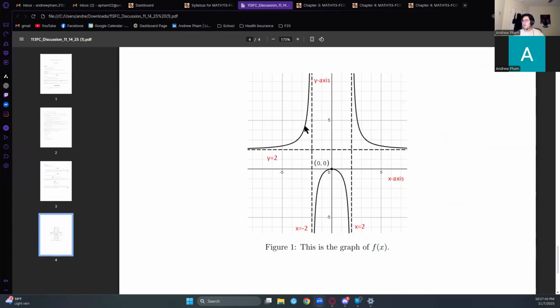So again, you find this leftmost half and this rightmost half by verifying the symmetry. You check if the function's even or odd. If it's even, you superimpose the image of 1 over x squared. If it's odd, you superimpose the image of 1 over x. Since it was even, you superimpose the rightmost half and then the leftmost half onto your corresponding graph.